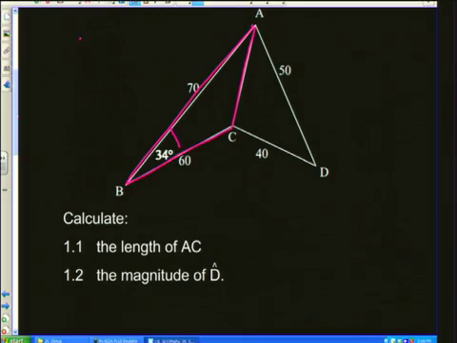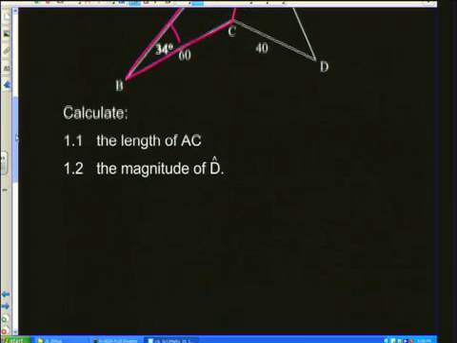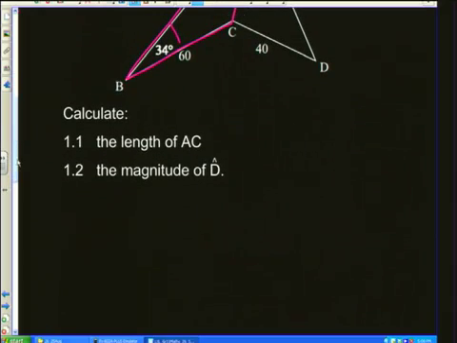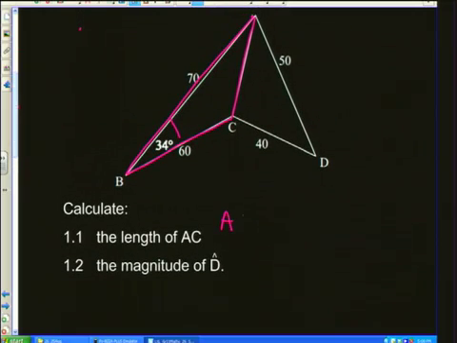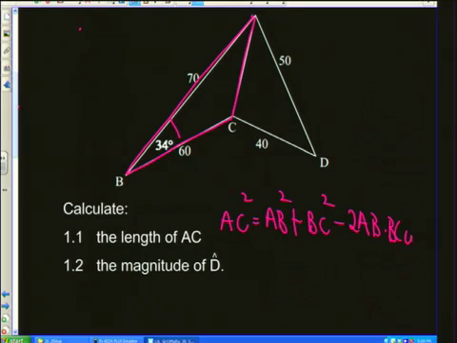So the formula for the cos rule is that AC squared is equal to the sum of the other two sides squared, so AB squared plus BC squared, minus twice AB times BC times the cos of that angle that's opposite the side, so times cos B.